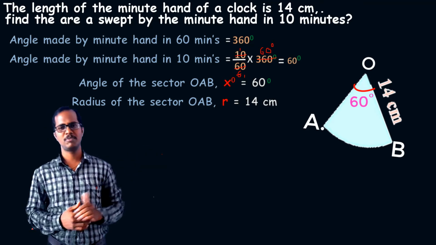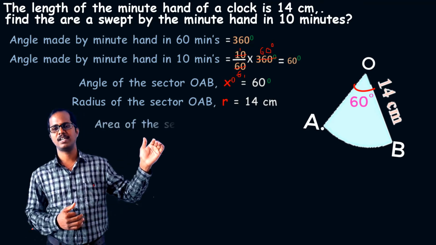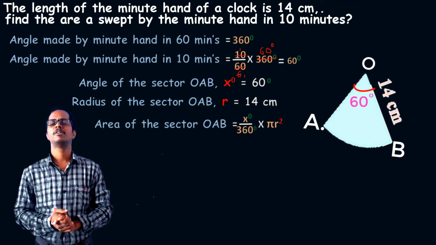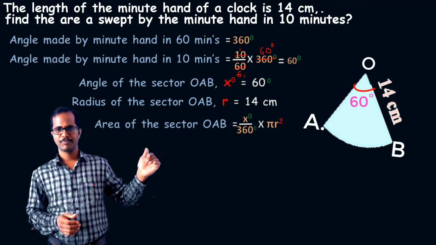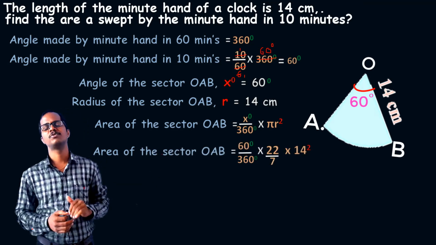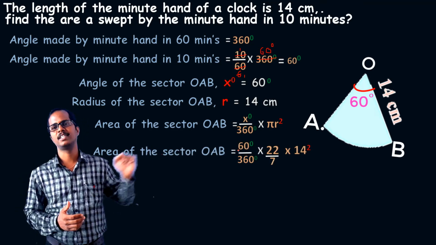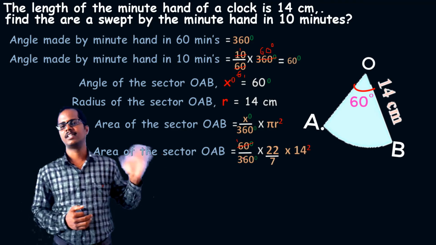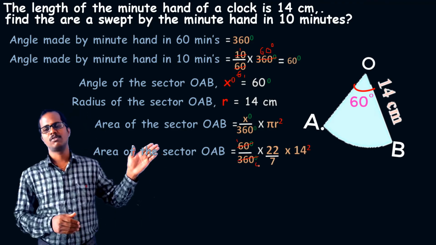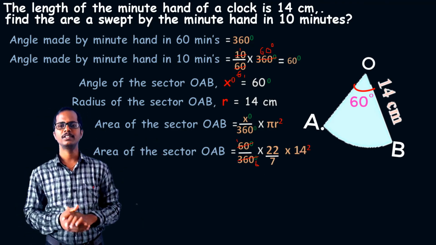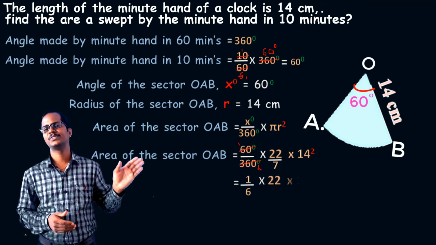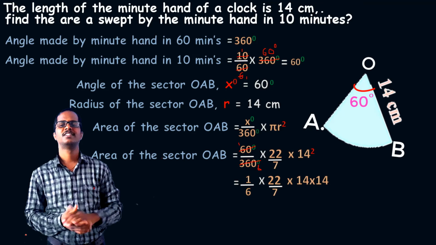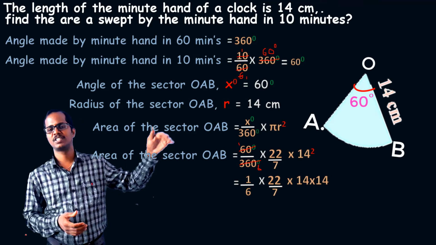Area of sector OAB equals, the formula is x degrees by 360 degrees into pi r square. Substituting the corresponding values, we get 60 by 360 into the approximate value of pi, which is 22 by 7, and the radius is given as 14, so into 14 square. By simplifying, we get 1 by 6 into 22 by 7 into 14 square, which can be written as 14 into 14.